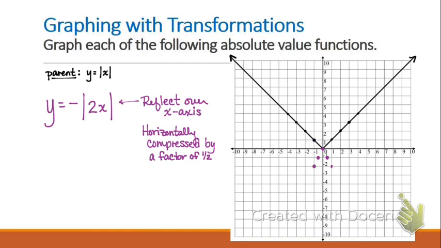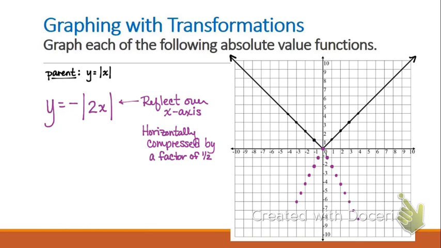And then I move another half unit to the right and to the left, and then a half unit to the right and to the left. But again, as I move these half units to the right and to the left, notice that my y values are still moving at 1 unit at a time.